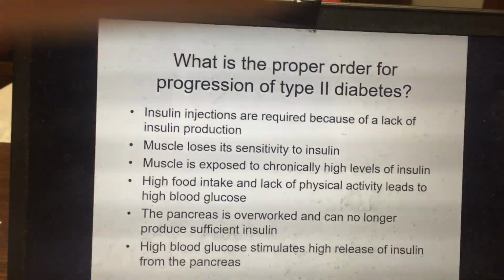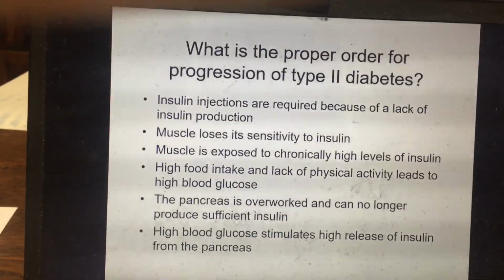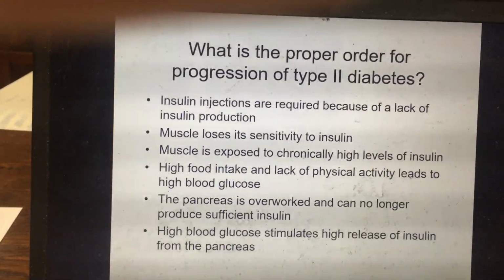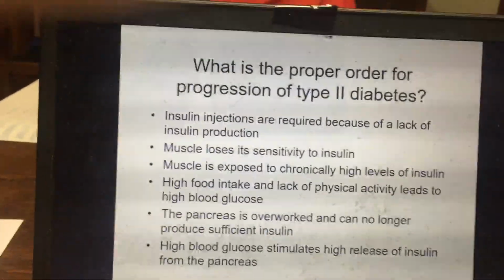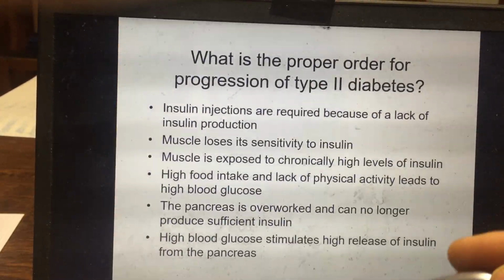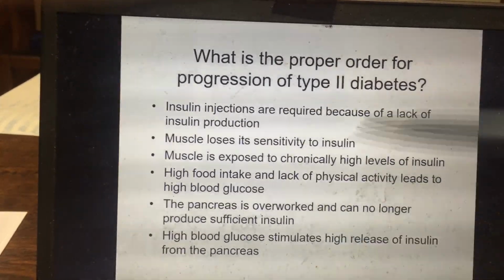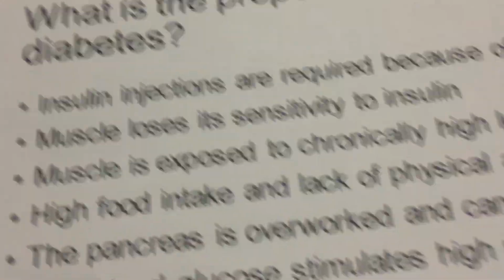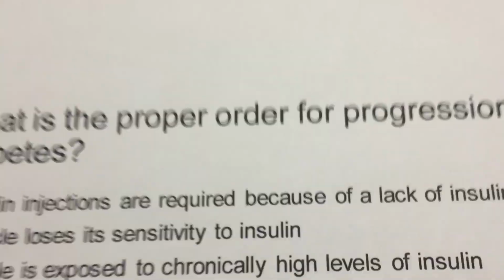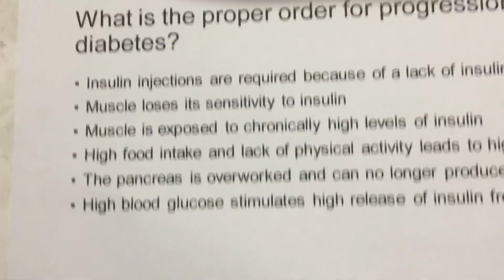Now I have a question here about the proper order for progression of type 2 diabetes. You can see I've got listed in bullet points different stages of this condition, and I'm going to go over this on a piece of paper with you.